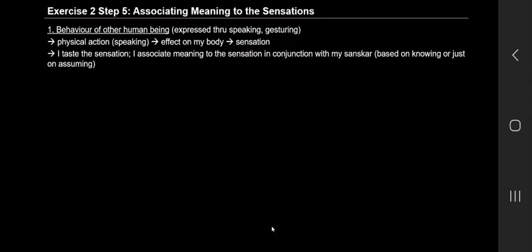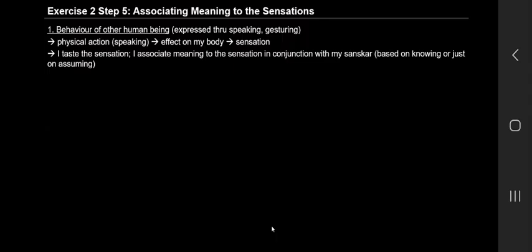And once I read that sensation, I am reading this sensation in conjunction with my sanskar. So I interpret those words according to my sanskar. So my sanskar may be based on assuming, or my sanskar may be based on knowing. So with meaning, I am influenced. With meaning, I decide whether to have feeling of relationship or opposition.